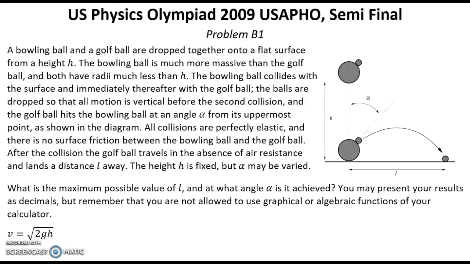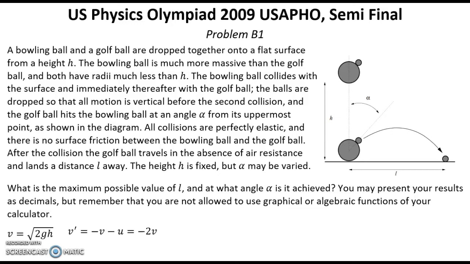So in this frame the speed of the golf ball is negative 2v. With this speed it collides with the bowling ball, which can be treated as a wall whose normal is at angle alpha to the vertical.